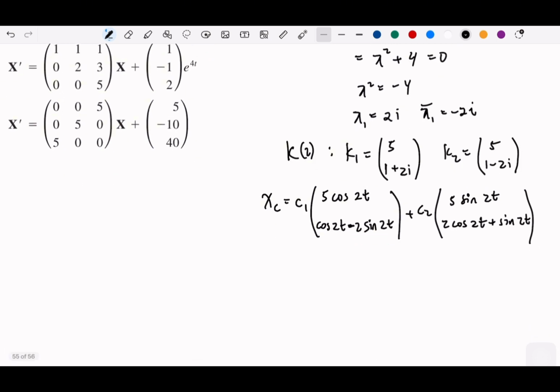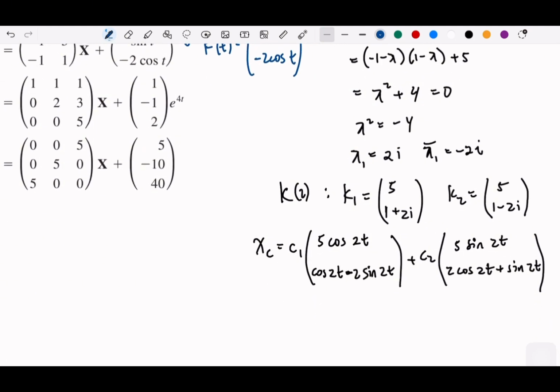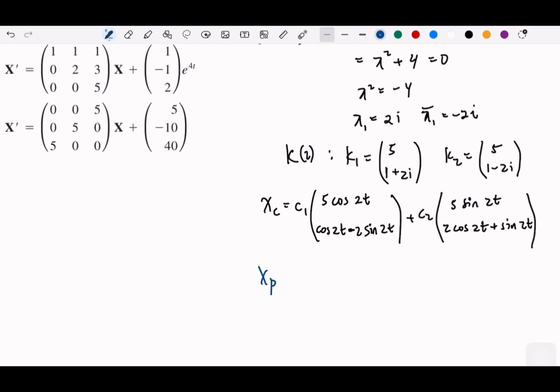Okay, so we get xc, and then since we have the f, let me write it here. Remember, the best way to take the assumption for xp for this trigonometric is by a sine and a cosine, right? So the first one is the group which has the cosine, and the second one is the group which has the sine.